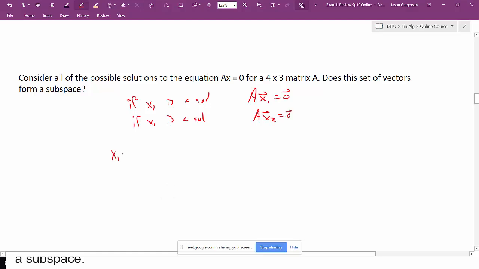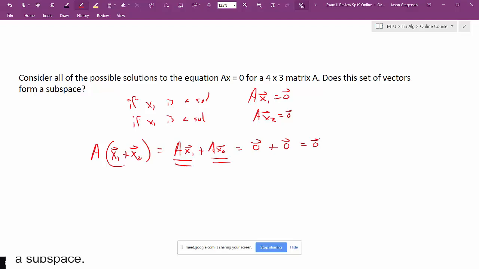If I added some random solution x1 to another random solution x2, would that be a solution? I follow the same flow as before. I distribute to get to this, but A times x1 is equal to 0, and A times x2 is equal to 0. If I add them together, I get 0. So if I take any 2 solutions and add them together, I get another solution. I can do the same thing with scalar multiplication. So Ax equals 0 is a subspace, a vector space.